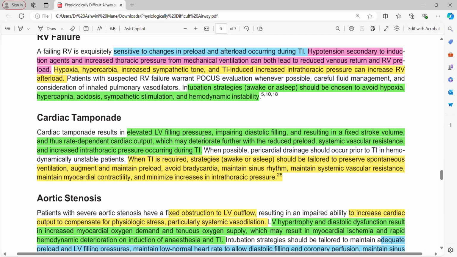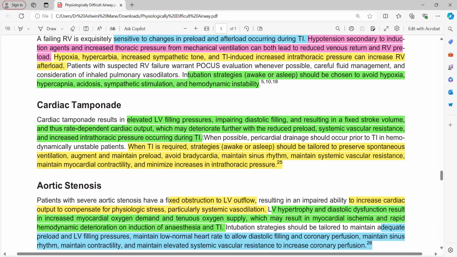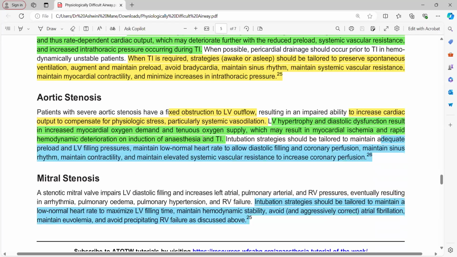So, whenever tracheal intubation is required, strategies should be tailored to preserve spontaneous ventilation, augment or maintain preload, avoid bradycardia, maintain sinus rhythm, maintain systemic vascular resistance, maintain cardiac contractility, and minimize the increase in intrathoracic pressure.